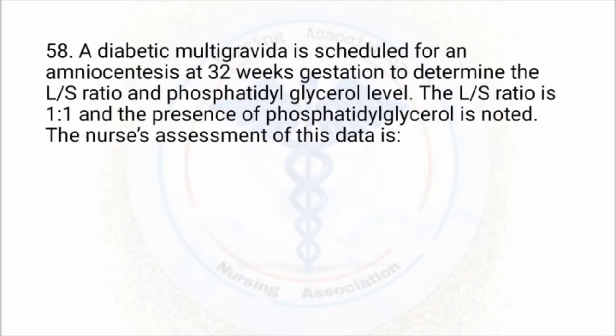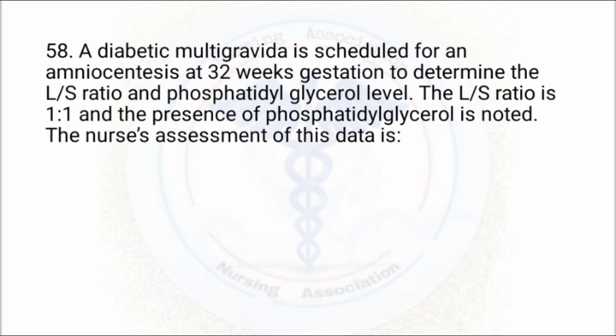Further moving to the 58th question, the diabetic multigravida is scheduled for an amniocentesis at 32 weeks gestation to determine the L/S ratio and phosphatidylglycerol level. The L/S ratio is 1:1 and the presence of phosphatidylglycerol is noted.